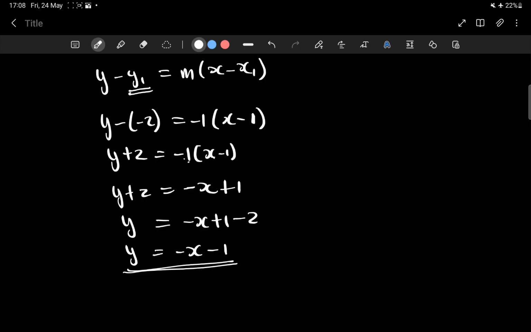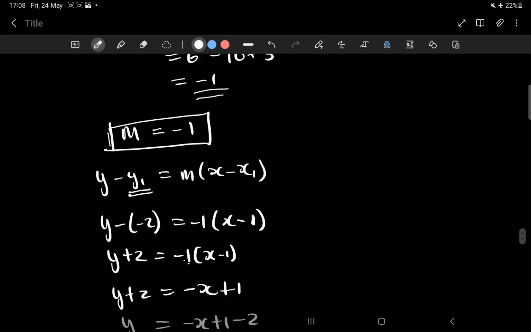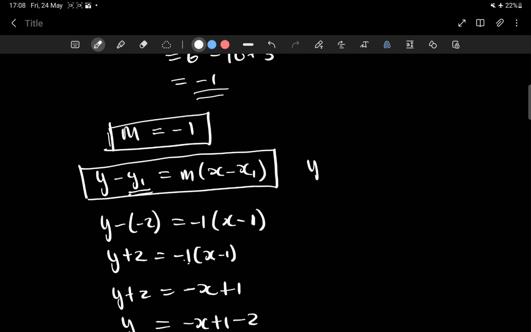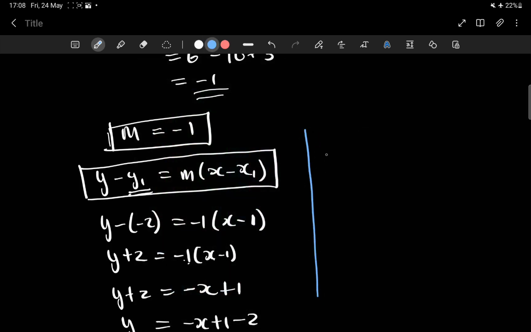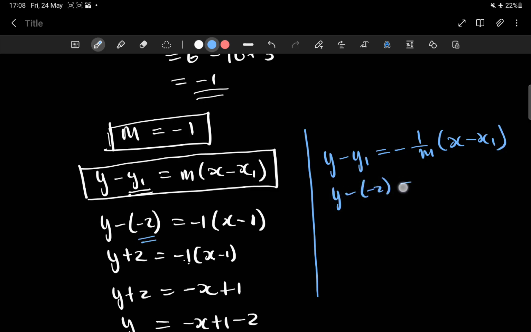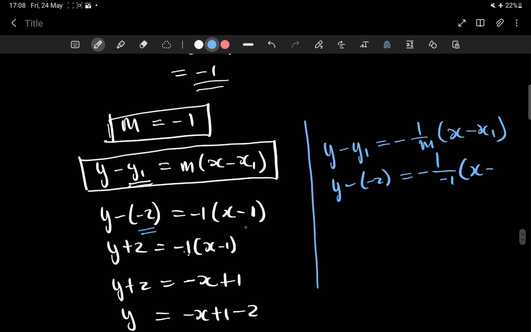If they wanted the equation of the normal, you do everything until you get m. But instead of writing y minus y1 is m, for the normal you say y minus y1 is equal to negative 1 over m times x minus x1. So y minus, we saw our y1 to be negative 2, is equal to negative 1 over, what was our m? Minus 1, multiplying x minus, what's our x1?